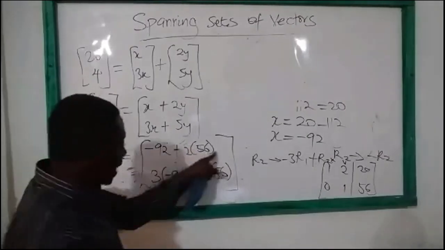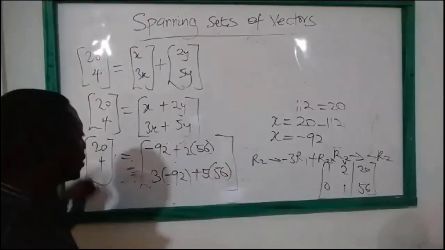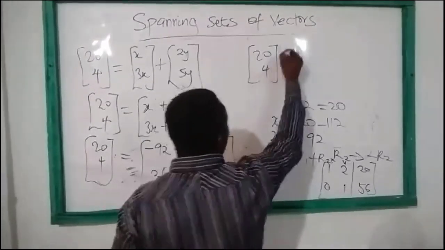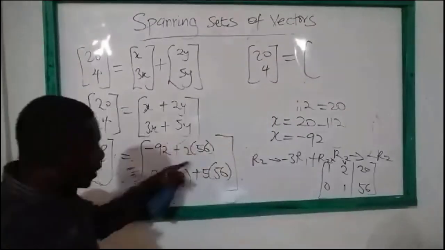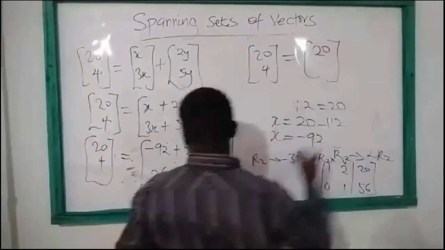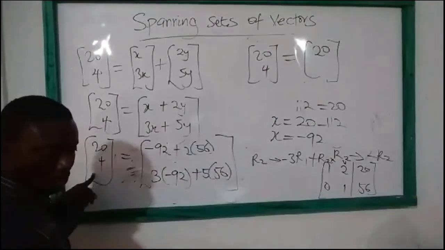If you simplify here and get 20, then we've gotten the 20, so let's progress. If you add all these, you are going to get 20. And then you also add this one and see if you get 4.